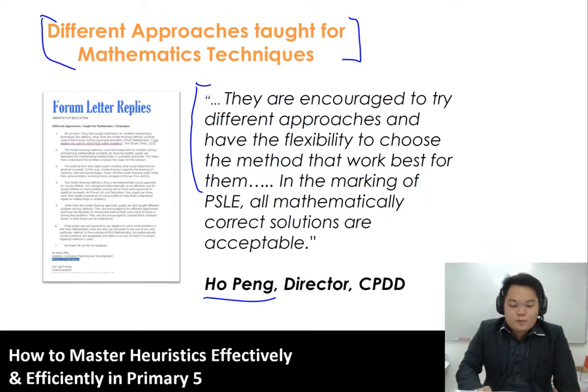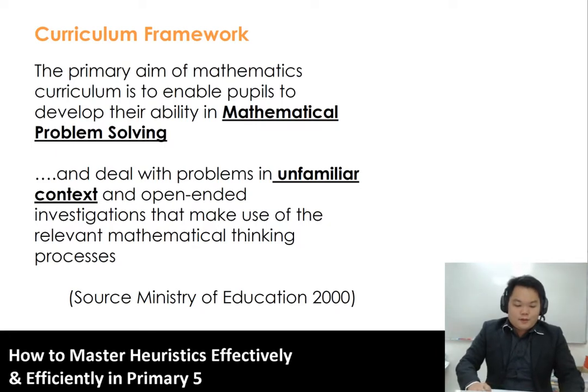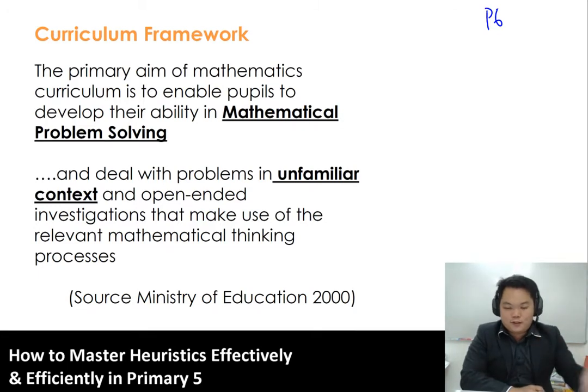And why is this important? Now let me talk about what is required of the child in P6 first. Let me work backwards and develop the chain of thought for this. The curriculum framework is as follows.